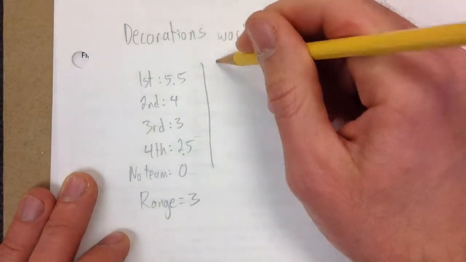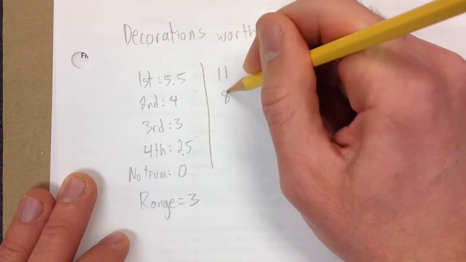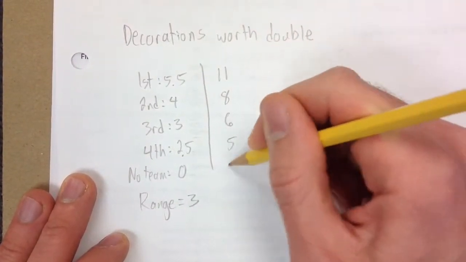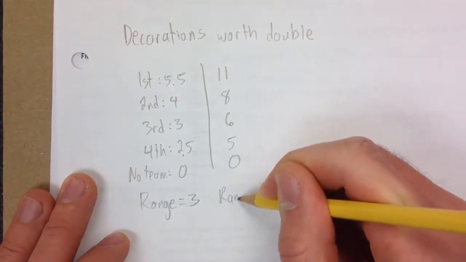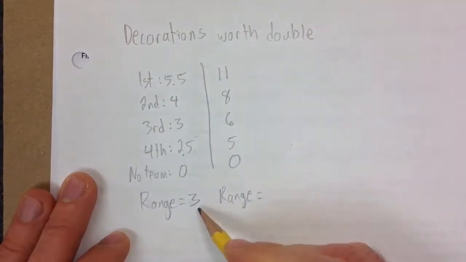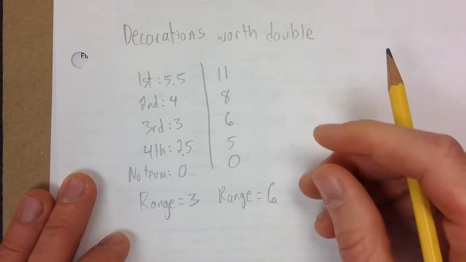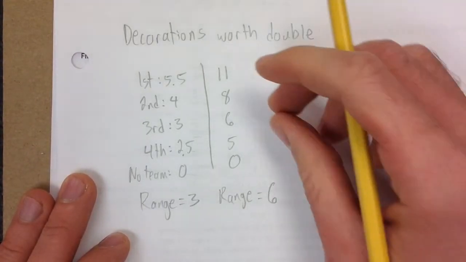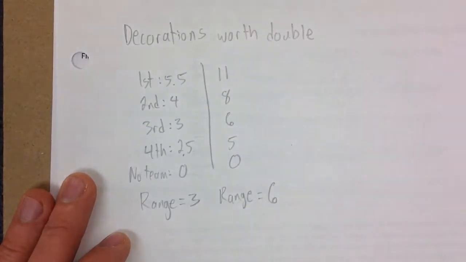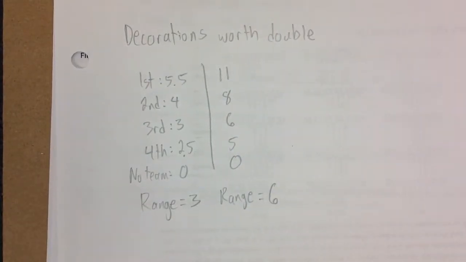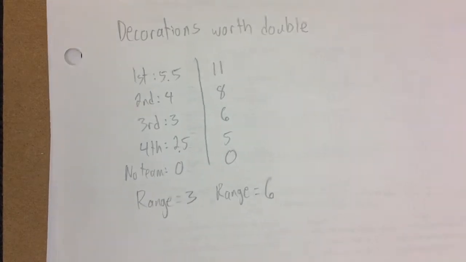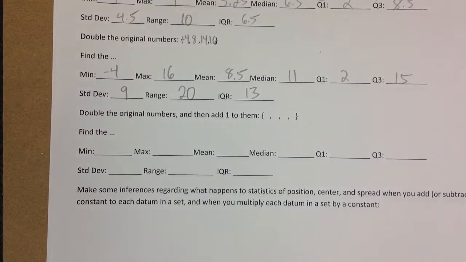But we're doubling it now, so this becomes 11, 8, 6, 5, 0. What's the range now? Okay, 2 times 3, or 6. So some people argued that by doing that, you increase the spread between first and fourth place, and that may not be what you want to do. Okay? So just making a connection with something that you might be familiar with.